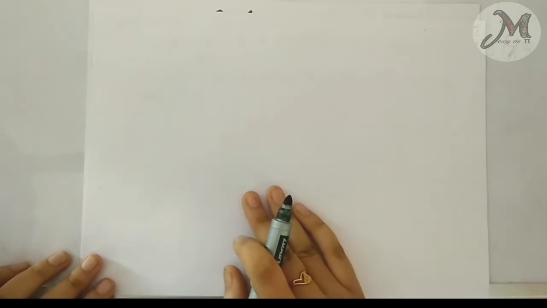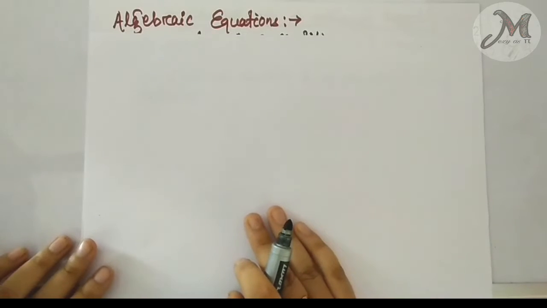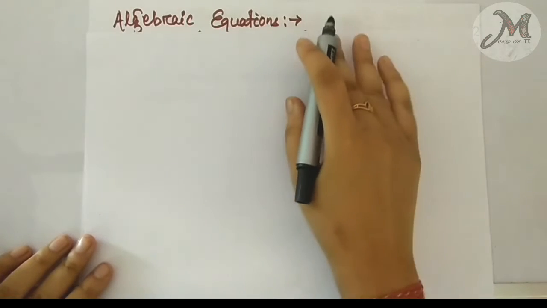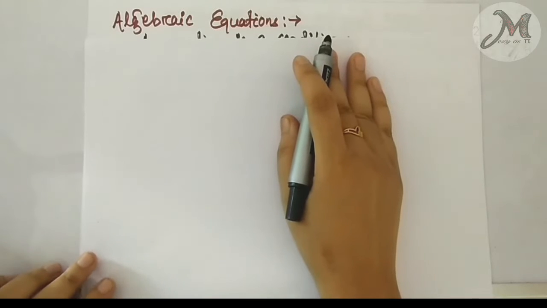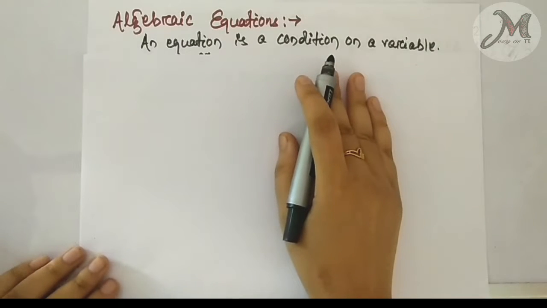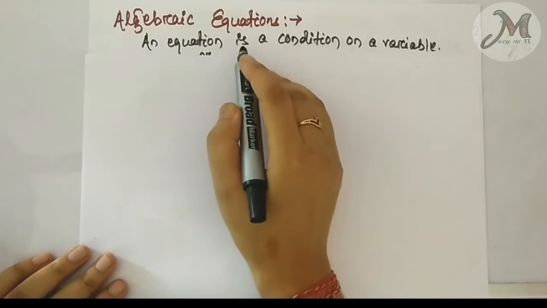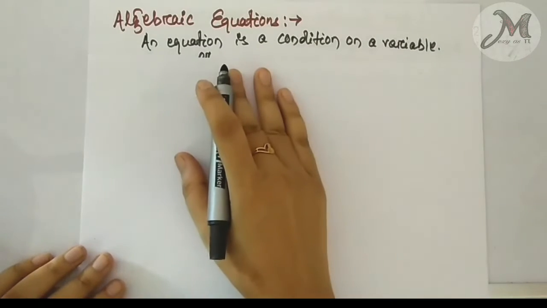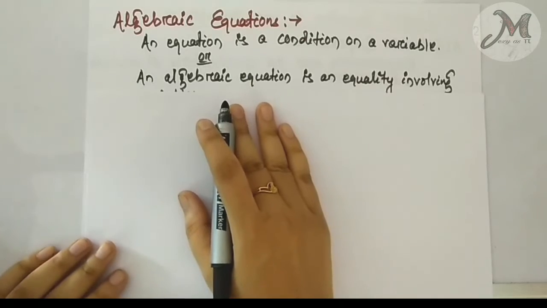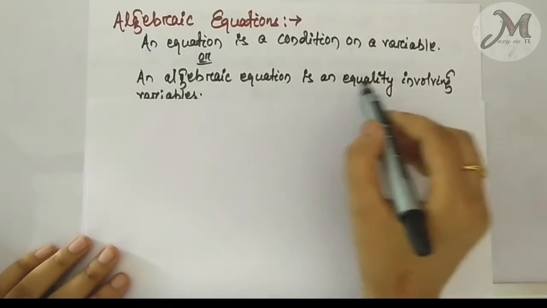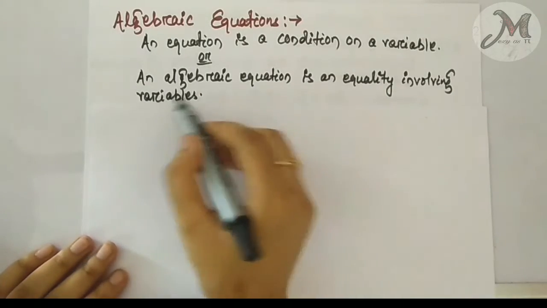Now we'll see about algebraic equation. What is an algebraic equation? An algebraic equation is a condition on a variable. Or in other words, an algebraic equation is an equality involving variables.